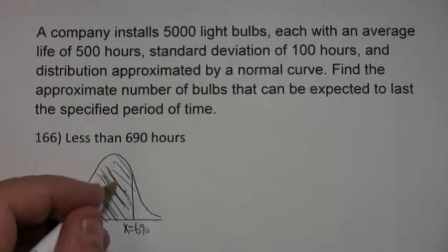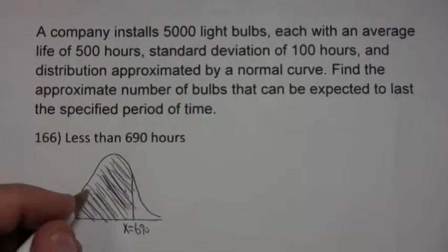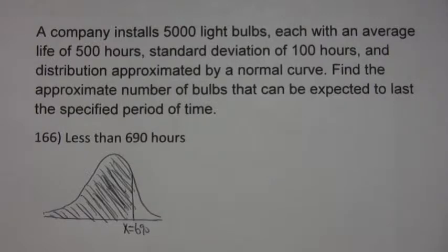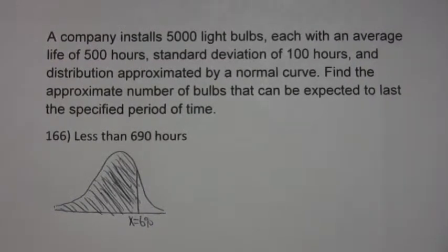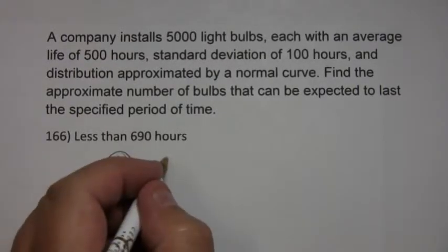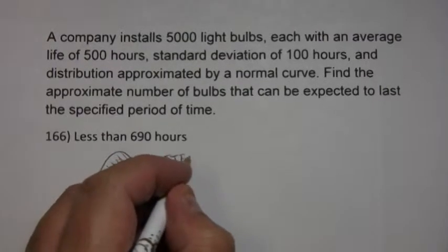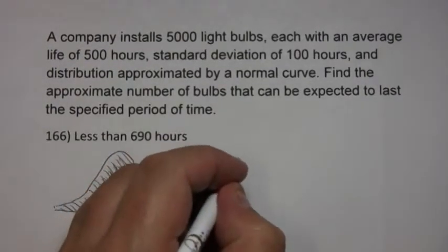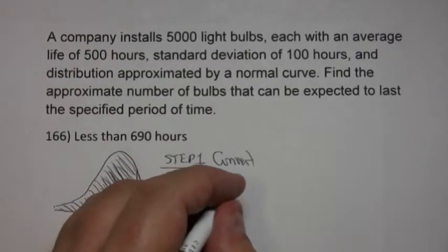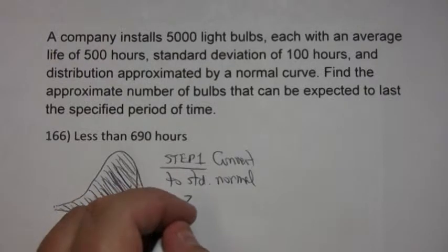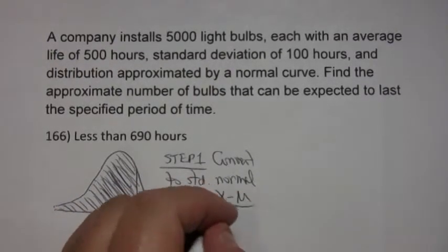Well, as we've established by now, you cannot look up anything in the table unless it's a standard normal. That's not standard normal. So we have to convert it. The first thing you want to do is convert that to a standard normal, using the formula z equals x minus mu over sigma.